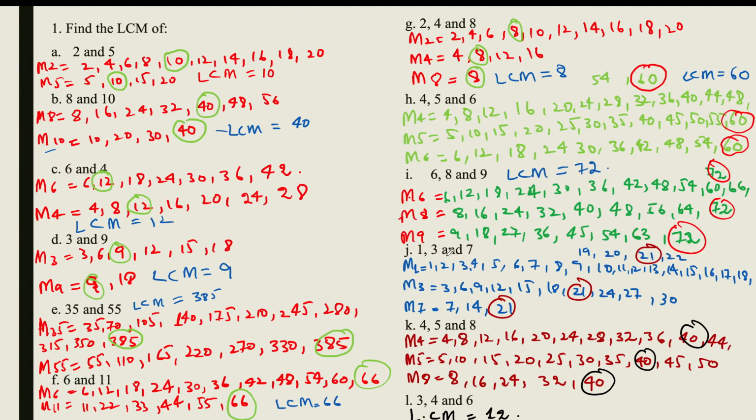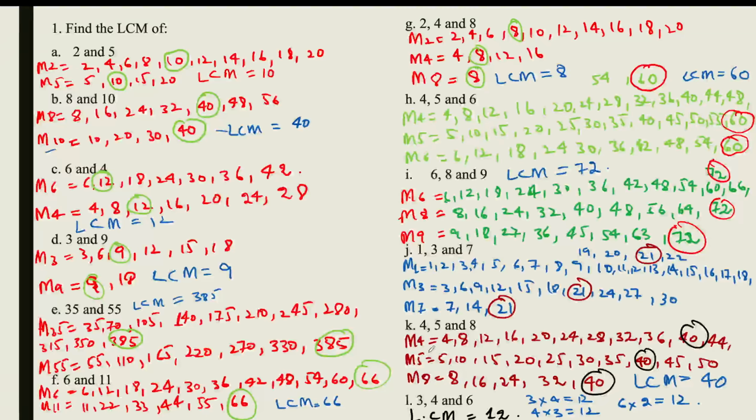Then we are having 1, 3 and 7, so we express the multiples and then look for the common one. 4, 5 and 8, again their multiples, we check for the common one. In here the LCM is equal to 40. 3, 4 and 6, I haven't expressed their multiples, but their LCM is 12. 3 into 4 is equal to 12, 4 into 3 is equal to 12, and 6 into 2 is equal to 12.